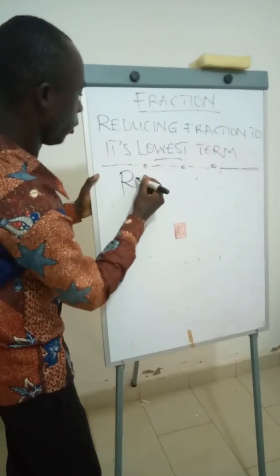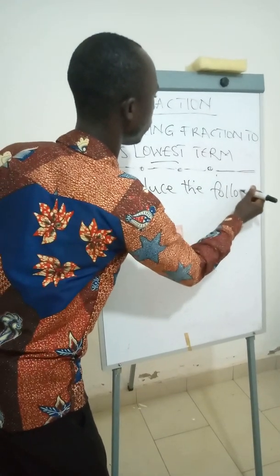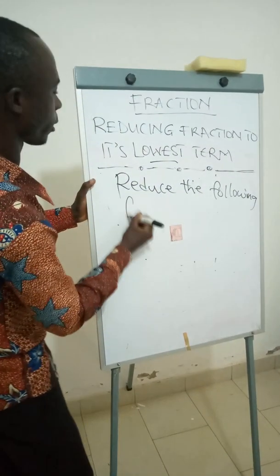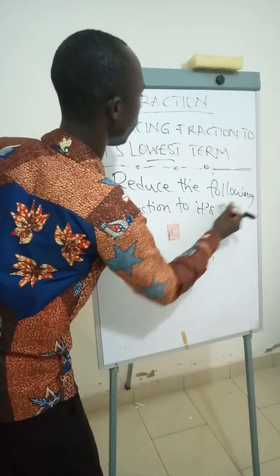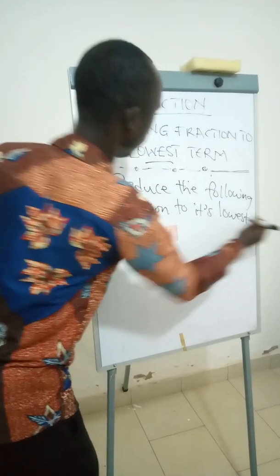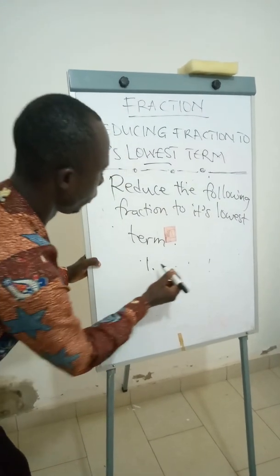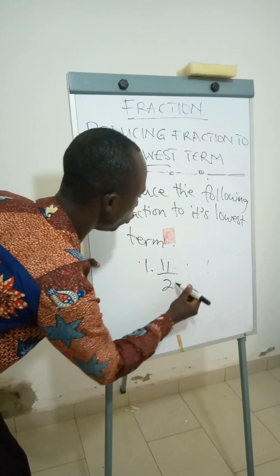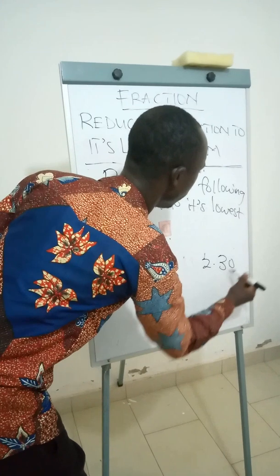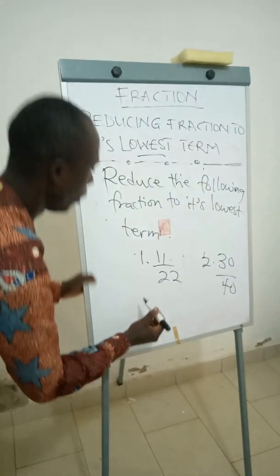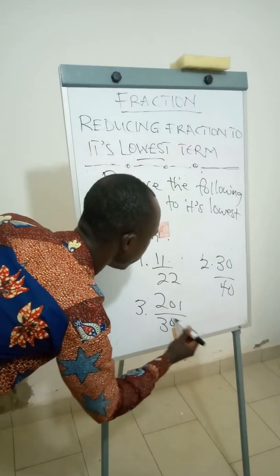Reduce the following fractions to their lowest term. 1, 11 over 22. 2, 30 over 40. 3, 201 over 300.